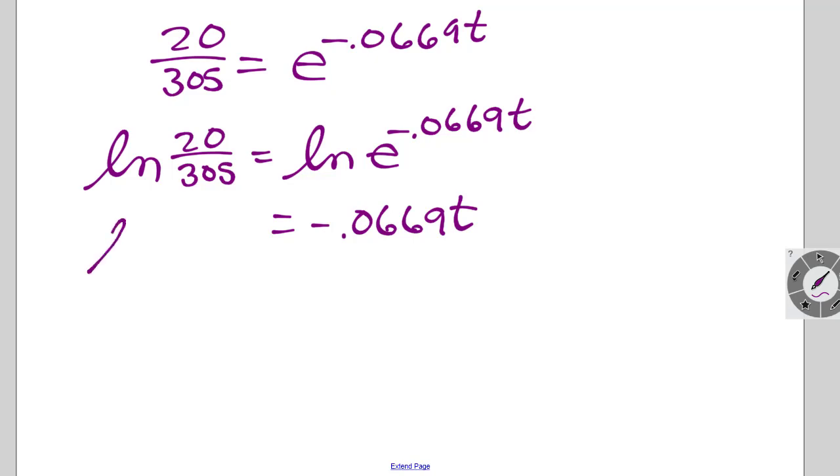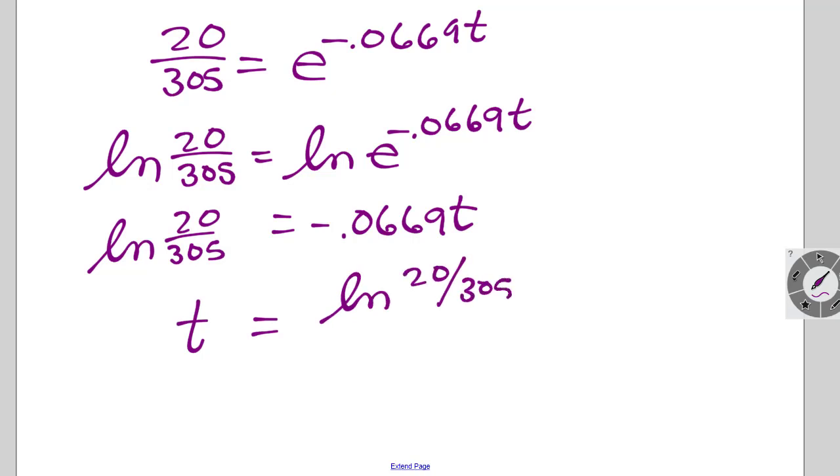And so we've got the natural log of 20 over 305 equals negative 0.0669t. Remember this negative 0.0669 number is our k value, which we stored in the calculator. So I'm going to say t equals the natural log of 20 over 305 divided by negative 0.0669, dot, dot, dot, just to remind me that I've got all of the bits and pieces of that number stored in my calculator.